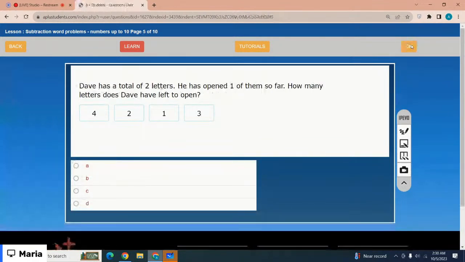Dave has a total of 2 letters. He opened one of them so far. How many letters does Dave have left to open?